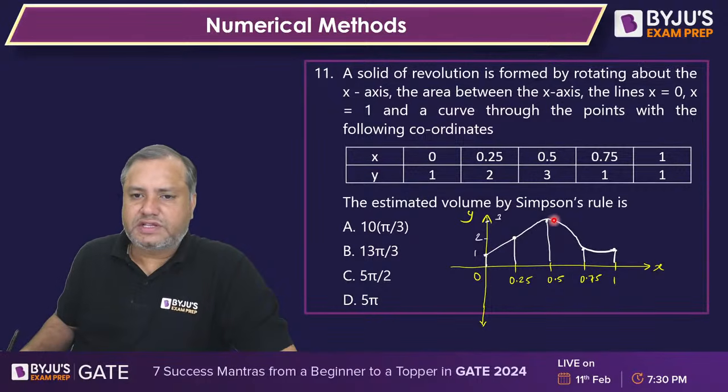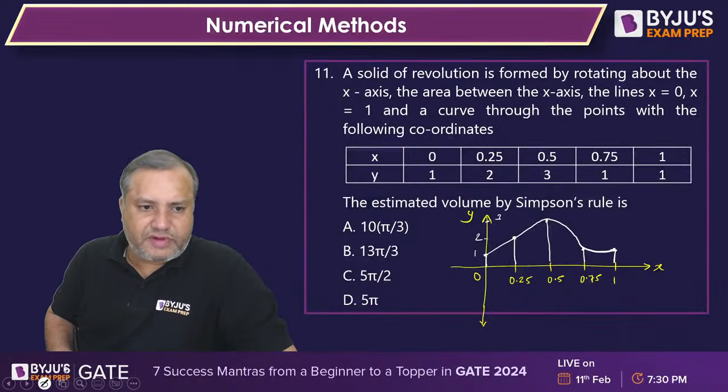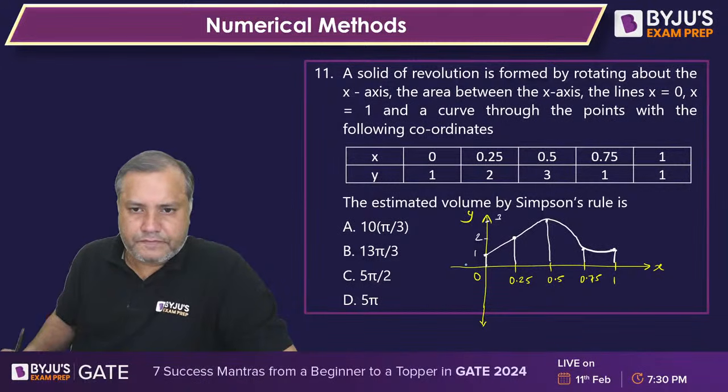So we can say that this is the shape of the curve between the x and y axis. Now, this is the shaded area.